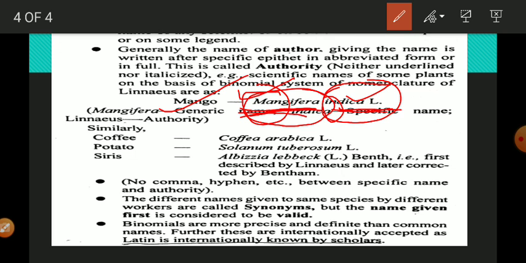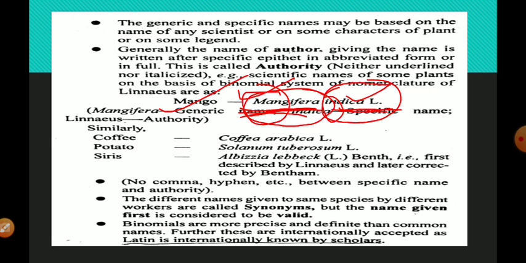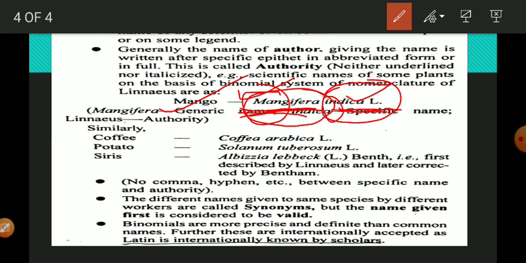The generic and specific names may be based on the name of a scientist or on some characters of the plants. After that, here is a capital L with a dot, which means Linnaeus.